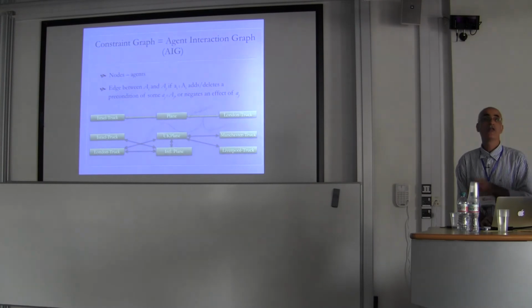For instance, the location of the package being at the Tel Aviv airport appears in the description of the load and unload actions in the airport of the truck, and also the plane. But it doesn't appear in the London truck.